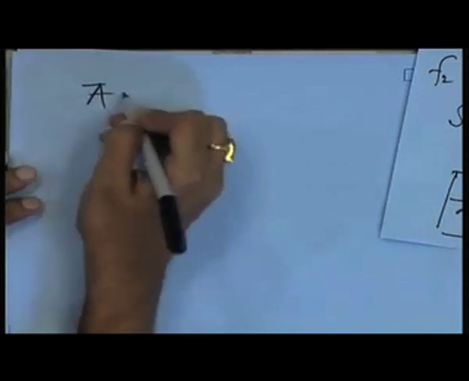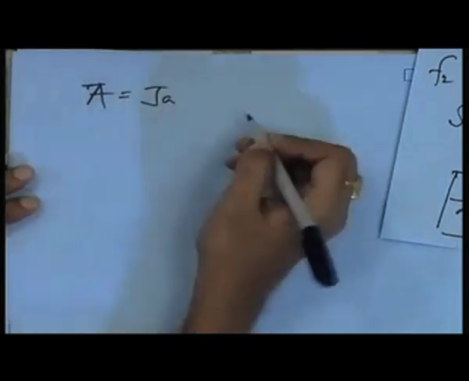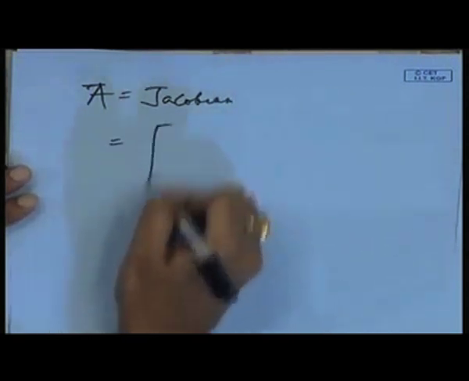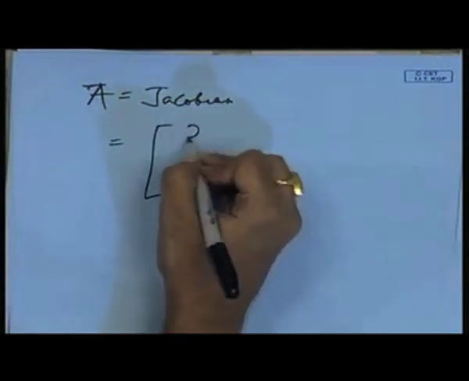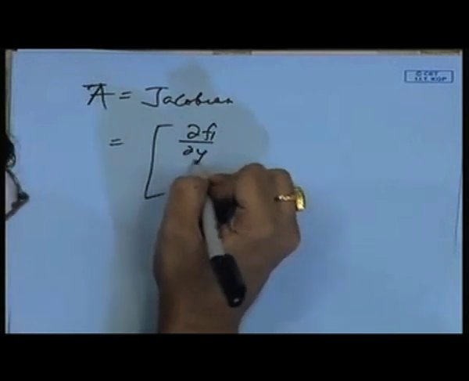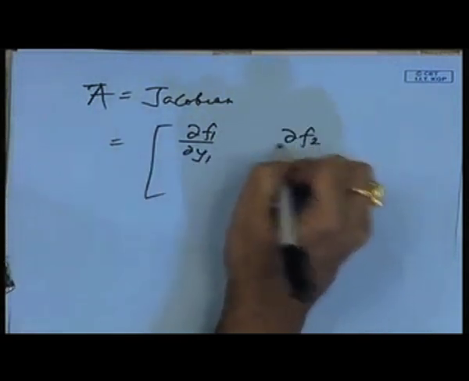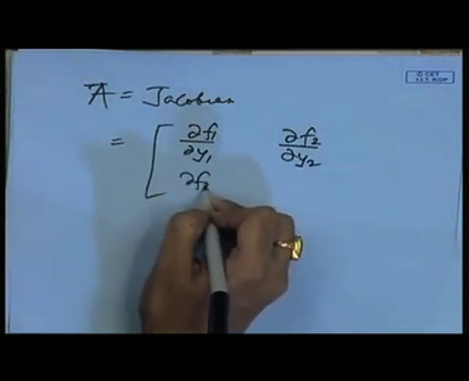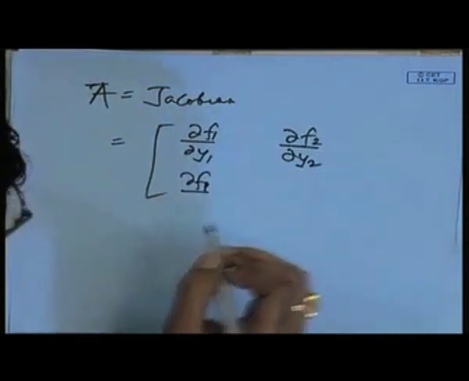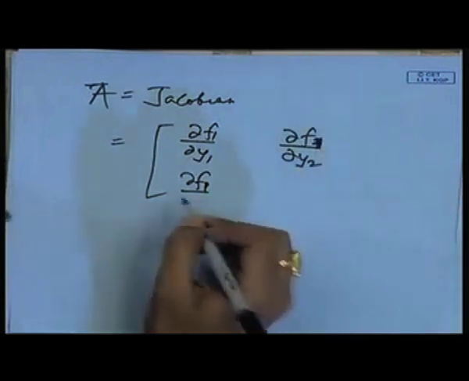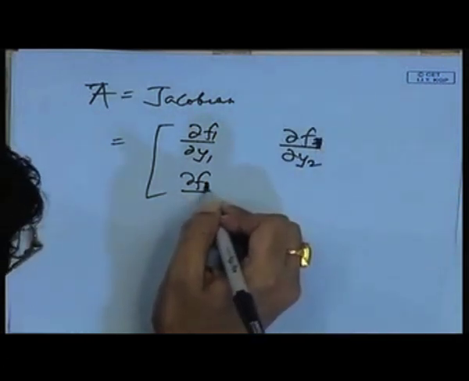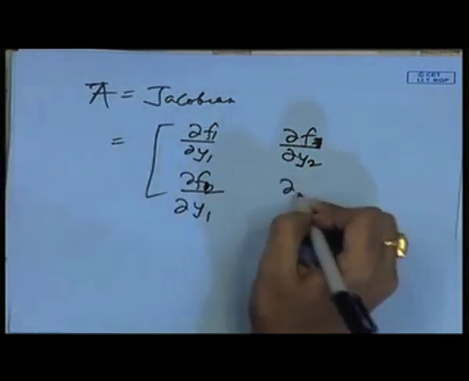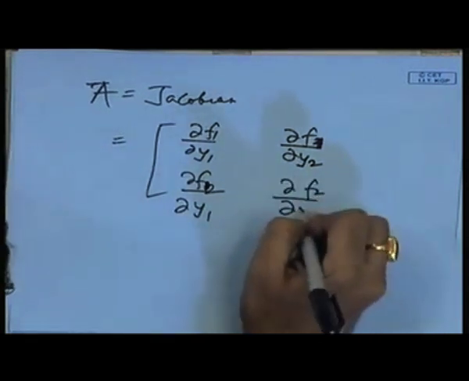A is the Jacobian, which equals del F1 del Y1, del F1 del Y2, del F2 del Y1, and del F2 del Y2.